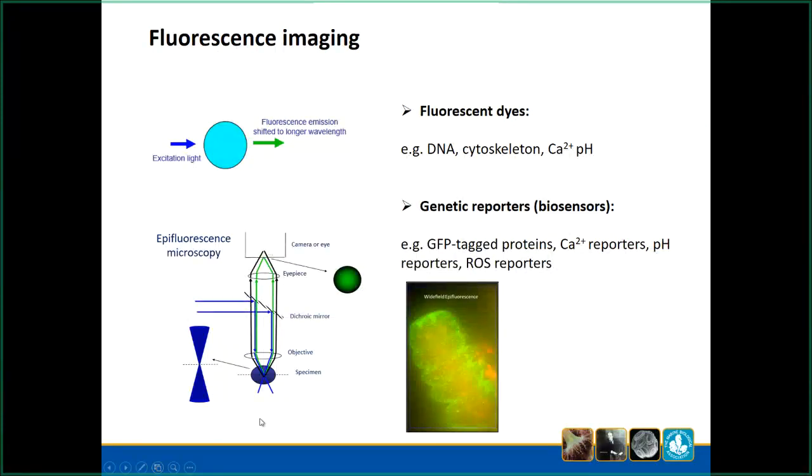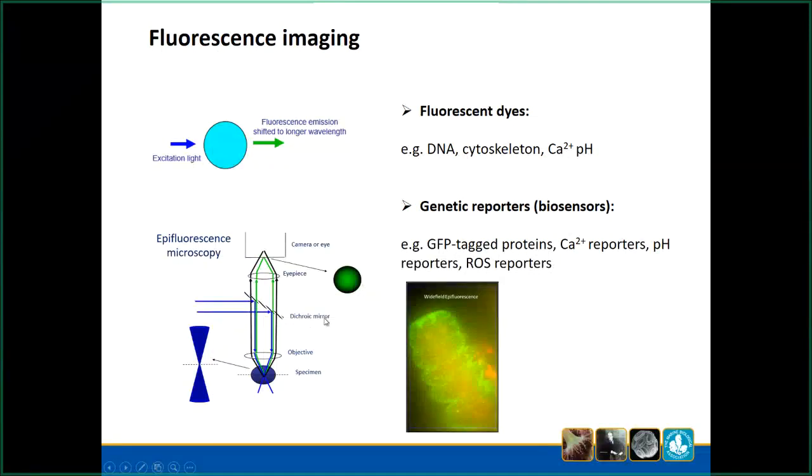And down on the bottom left here, there's a very simple diagram of how a fluorescence microscope works. The excitation light comes in through a port in the microscope. It's reflected down to the specimen where it's focused by an objective lens. And then the emission light, which I've represented by green rays here, passes through this special mirror.